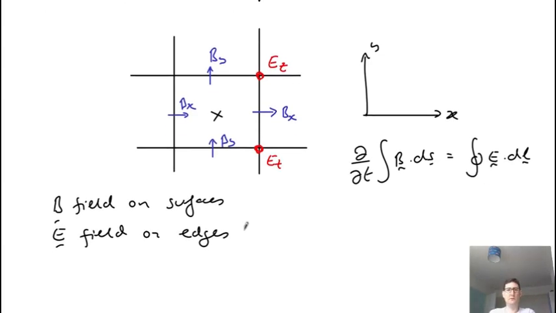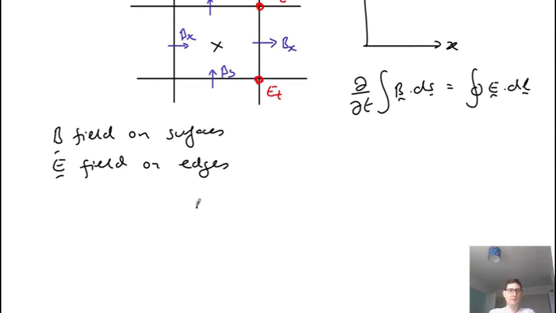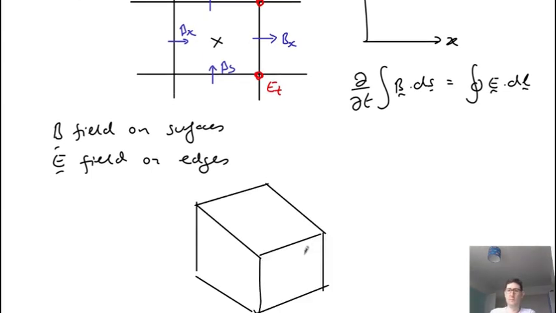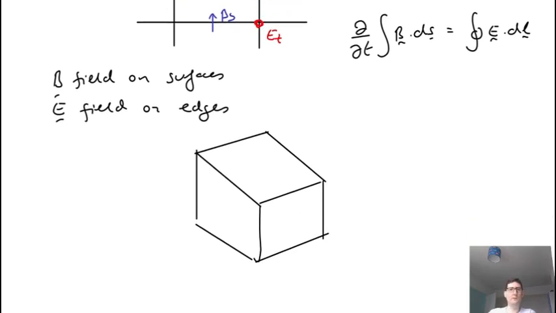So I'll try and draw this in 3D now. I'll draw a 3D box, which is the cell. Okay, so we have a 3D box like this. The magnetic field is perpendicular to the surface. So here we have a component here. If I label this direction as x, for example, the vertical direction is y, and this direction z.